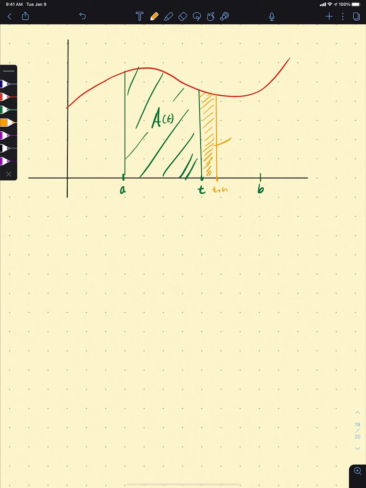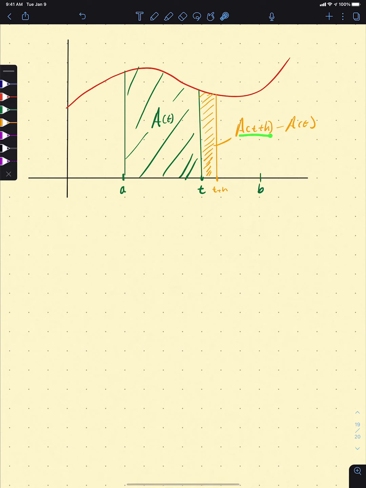Well, that's going to be a of t plus h minus a of t. That makes sense. This area here is this whole area minus this area, because a gives us the area from A to t.